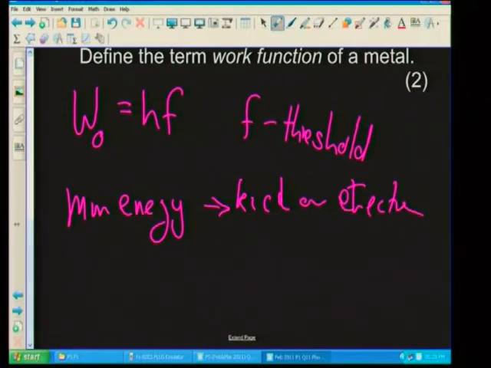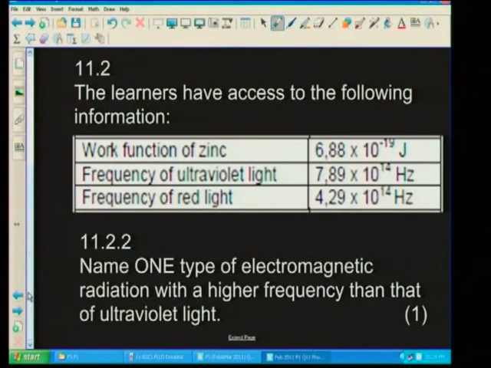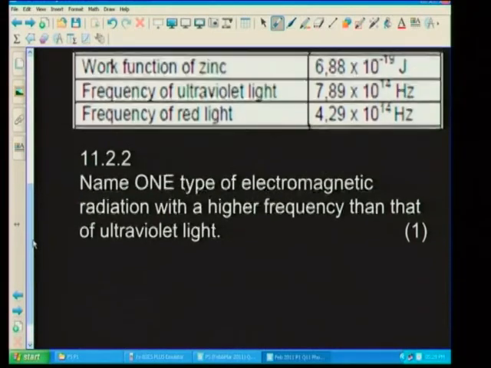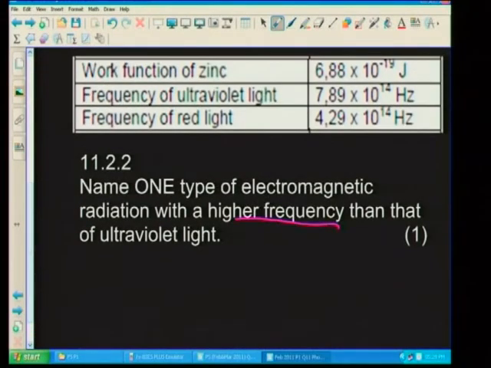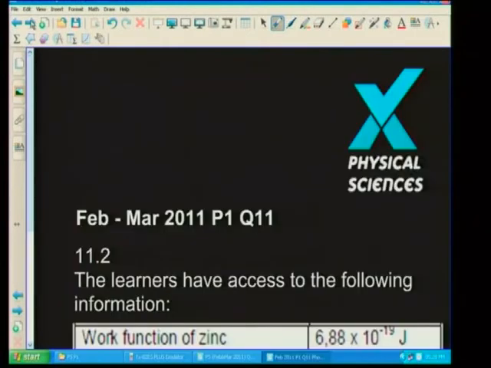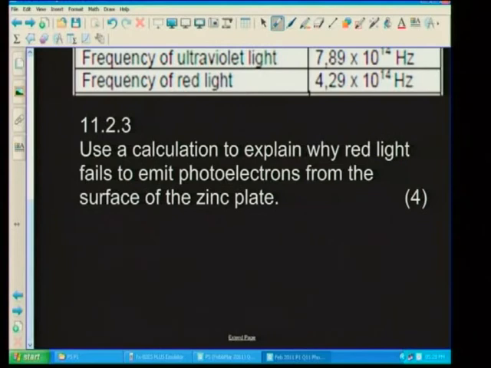Okay, now last question that we're going to have time for today. Name one type of radiation that is higher frequency than ultraviolet light. X-rays would be higher, cosmic rays would be another. And here's the last question. It says, use a calculation to explain why red light fails to emit photoelectrons. What you've got to do is E equals hf. You substitute the frequency of light there.